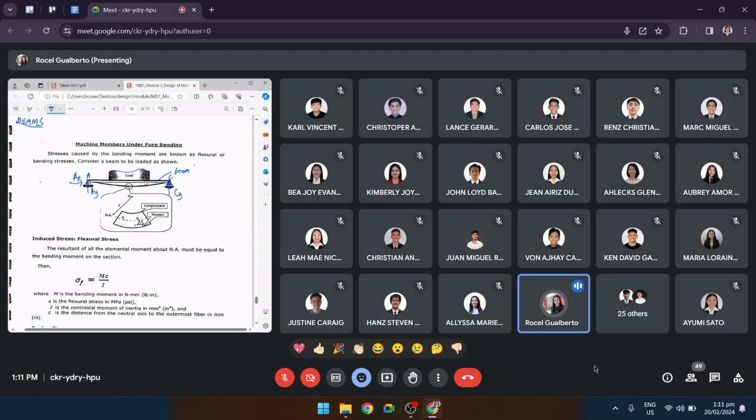Before we design a member under pure bending, it is necessary that we know first the classification of the beam. How are beams classified? It is through the way they are supported. Look at our sample here. Supports are on both ends, so we have here a hinge and here a roller.